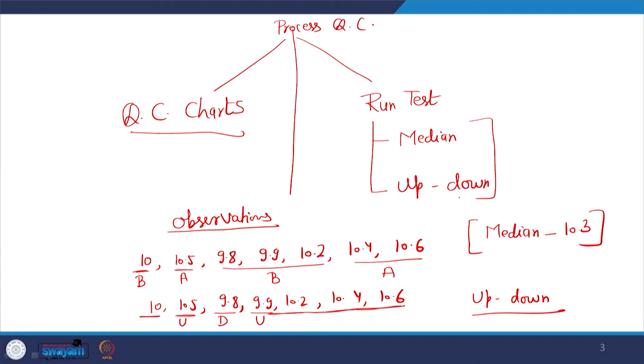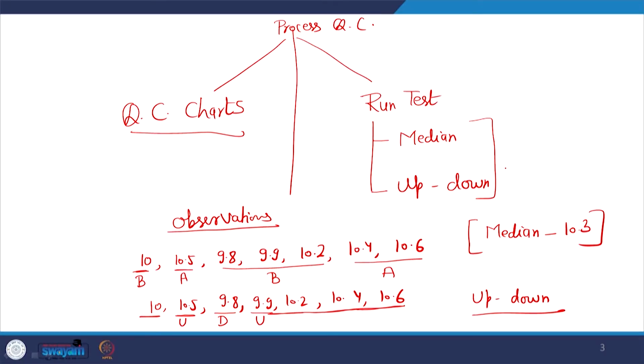One more important thing is that, like our X bar R chart, we also need to do both these tests simultaneously. It is quite possible that in one of the tests your data is coming within the range, but in the other test the data may not come within the range. So, even if data is coming within the range for one test, and it is not coming within the range for the other test, we will finally conclude that the data is going in a particular kind of trend.